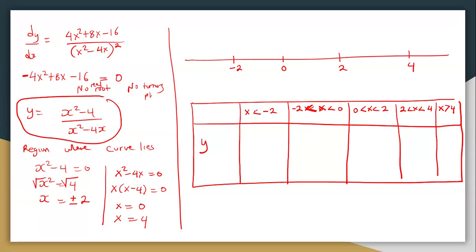So you get a value less than negative 2. Which answer do you get? Pick any value less than negative 2, any of your choice. If I use negative 3, now put it in the equation.